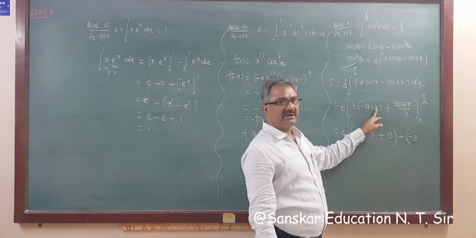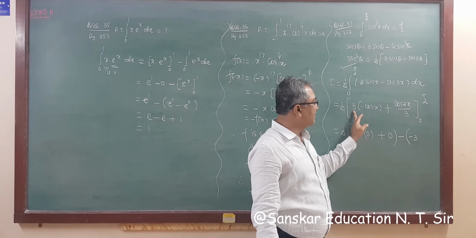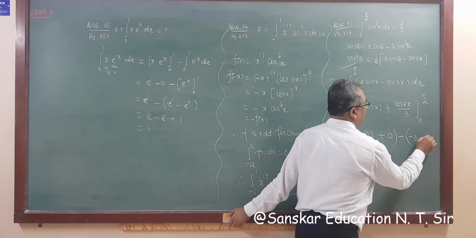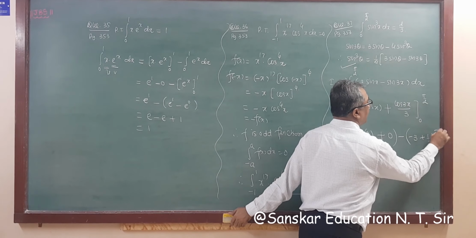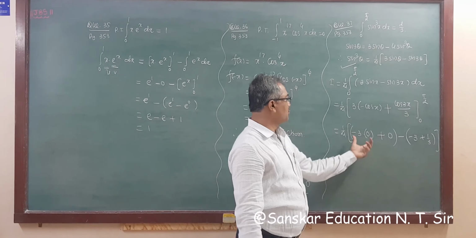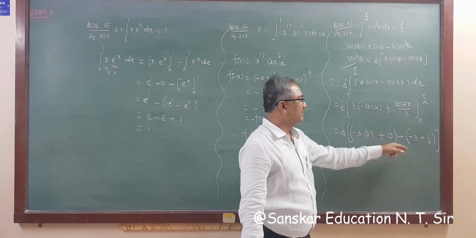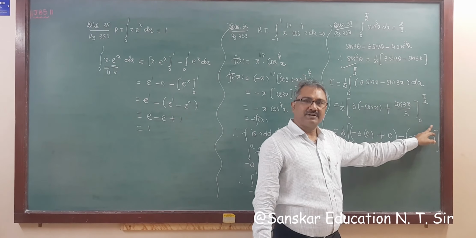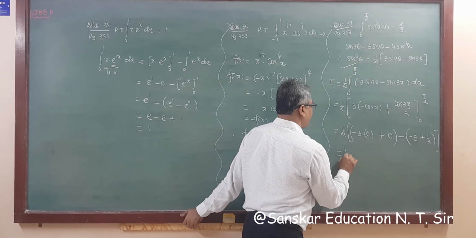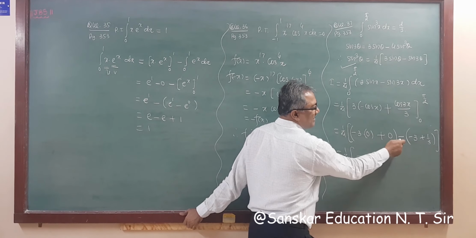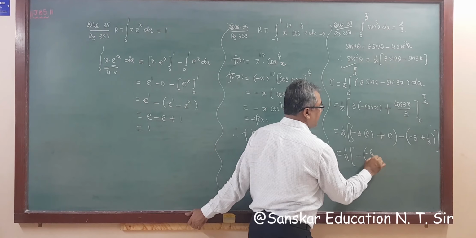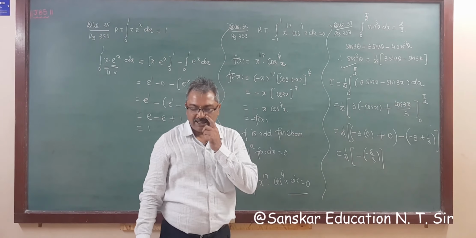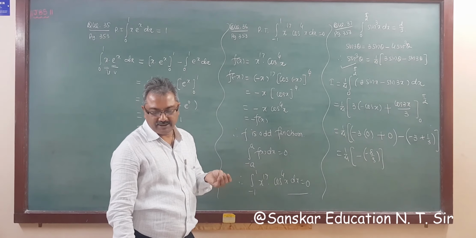And again cos 0 is 1, so plus 1 upon 3. The upper limit is all 0. Now this is minus 9 plus 1, that is minus 8 by 3. So this is 1 upon 4 into minus 8 by 3, and minus minus is plus, so the answer will be 2 by 3.